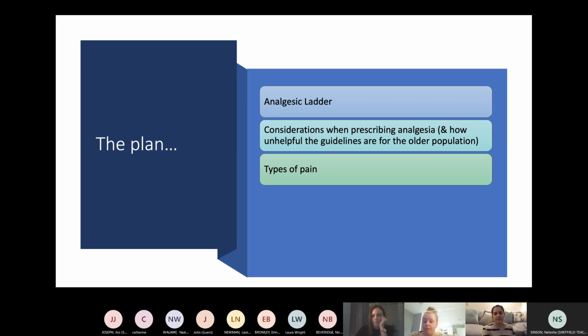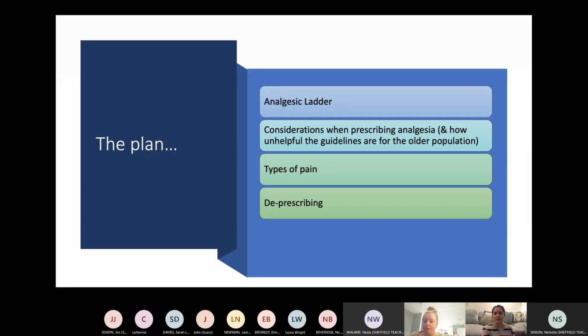Just a little bit about the different types of pain because it can affect what you're prescribing. And then a little bit, which I think is really important in the older population, about deprescribing, especially in patients who have pain and analgesia, and trying to optimize what they have better. And then I do have a few case discussions at the end.